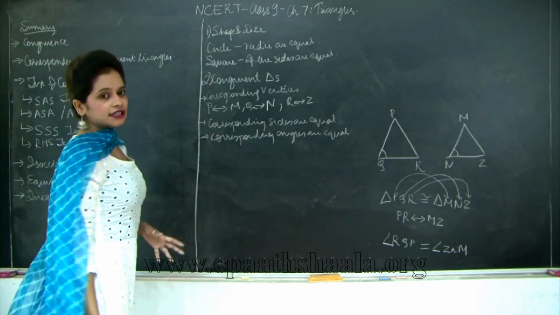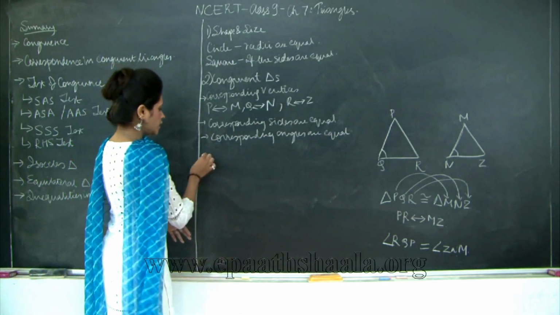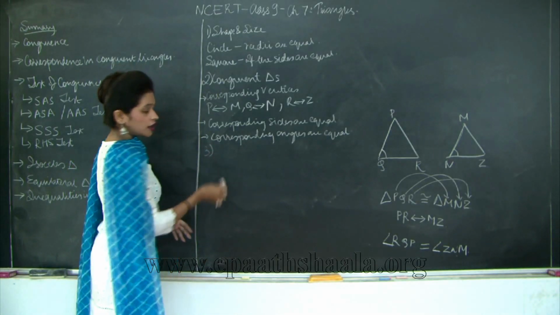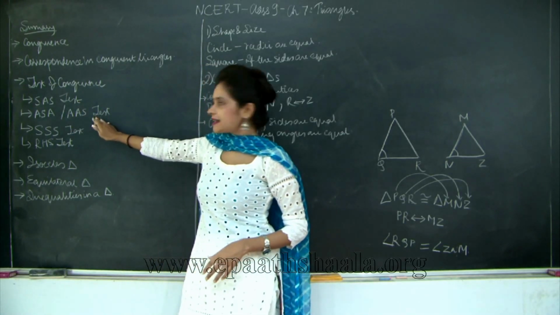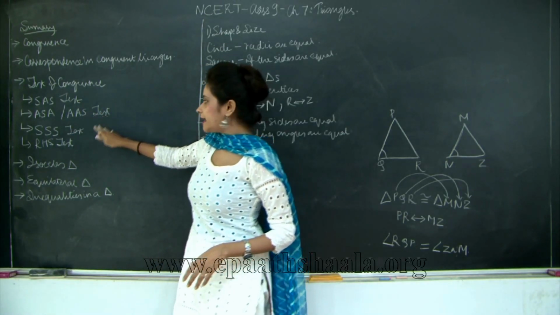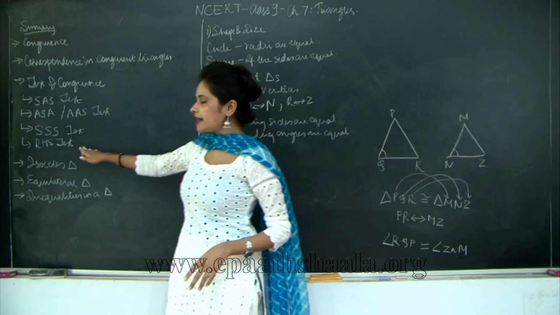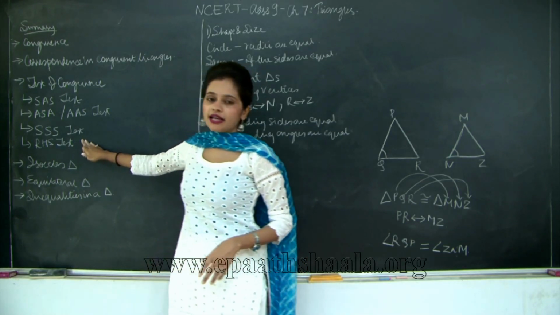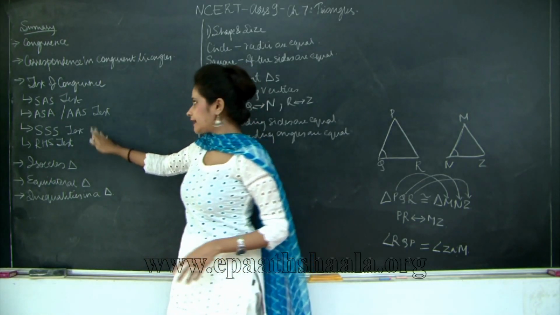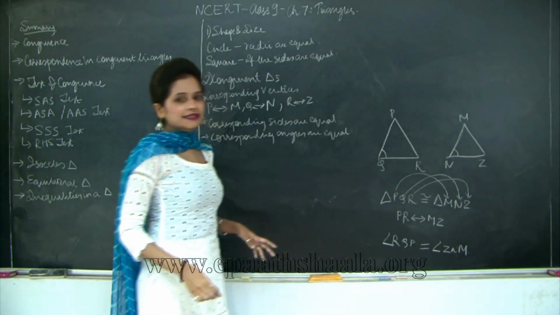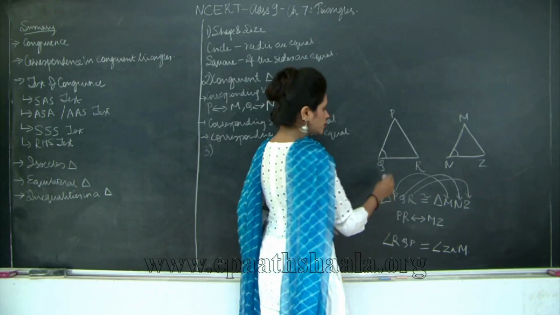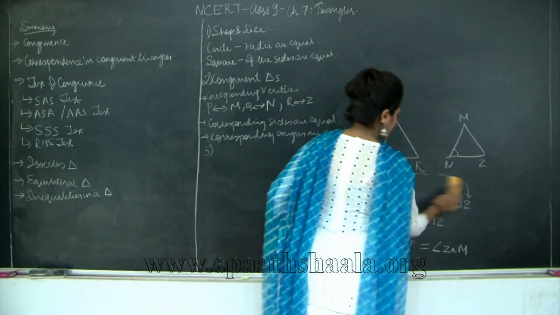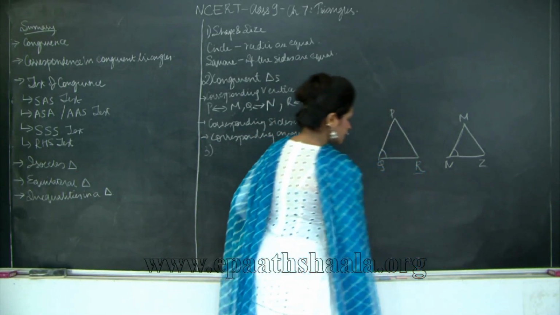Right? Now let's see the different tests of congruency. We learned 4 different tests. One was the side angle side test, then we had angle side angle or angle angle side, then we had the side side side test, and the RHS test, which is nothing but the right angle hypotenuse side test. So what is the side angle side test? If two triangles are congruent by the side angle side test, what does it mean?